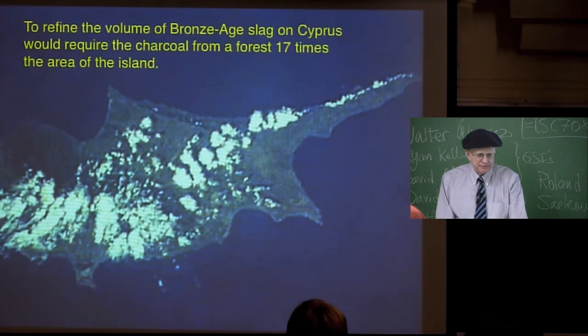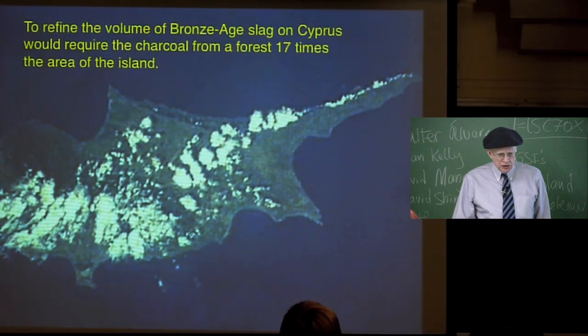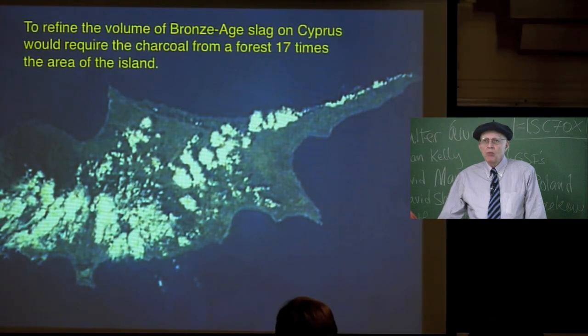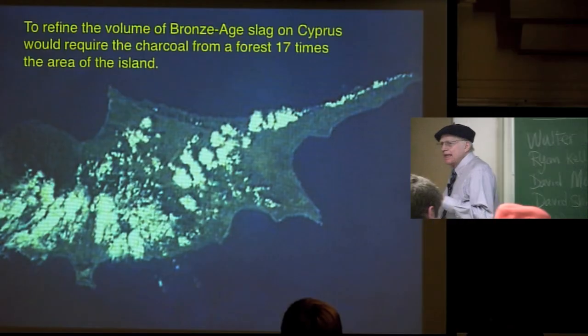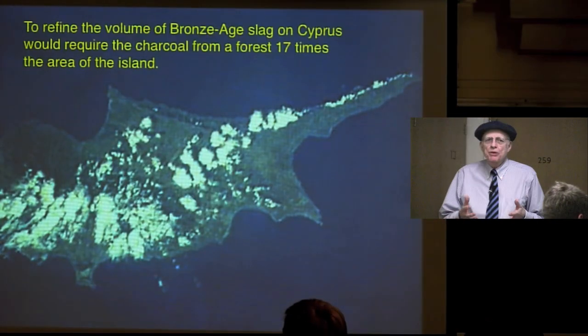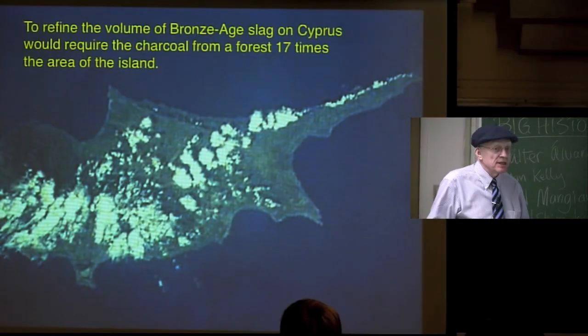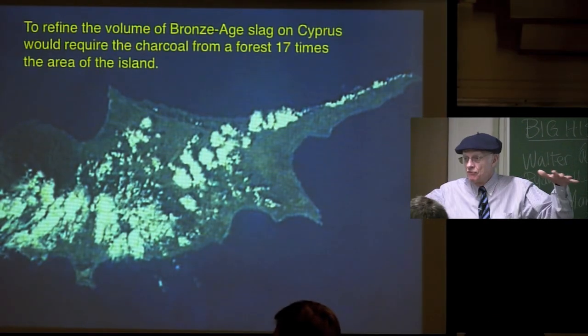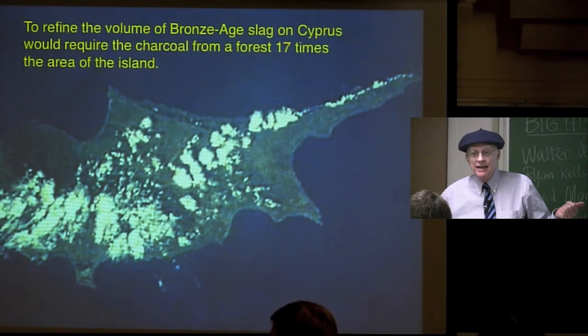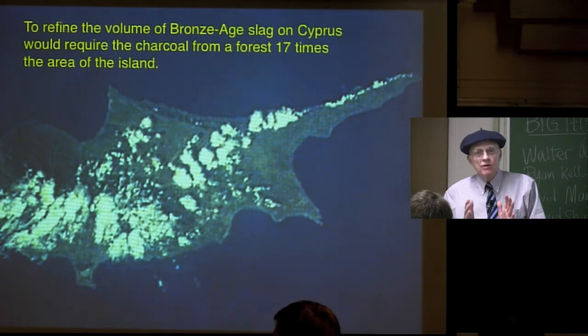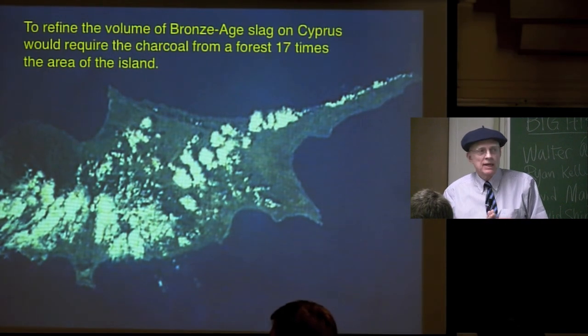But there's a problem. George Constantino calculated how much copper was extracted from Cyprus in the Bronze Age, and you could do this basically by figuring out the volume of that pile of slag, and you say, well, how much did they get out of it? You get a rough idea of how much copper.